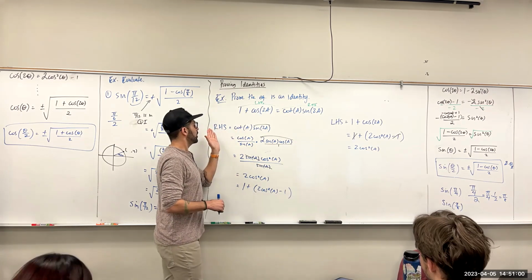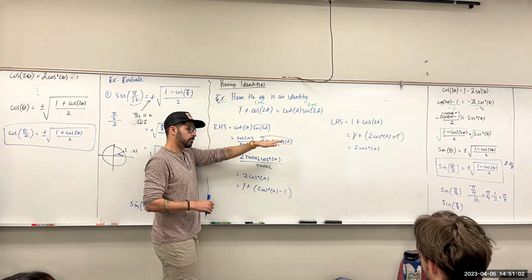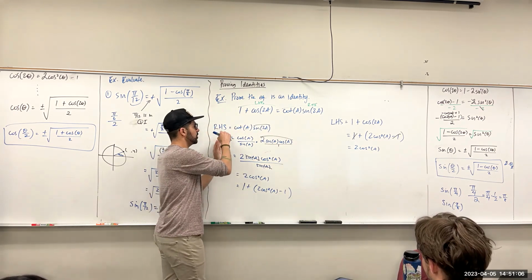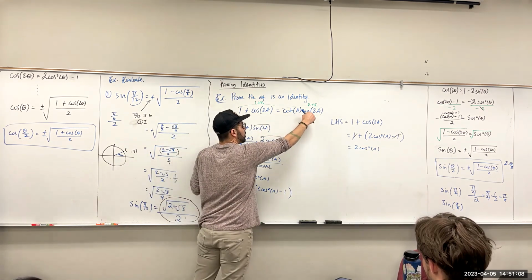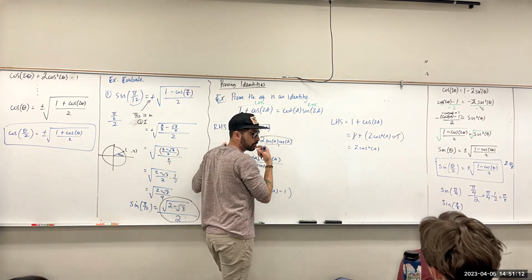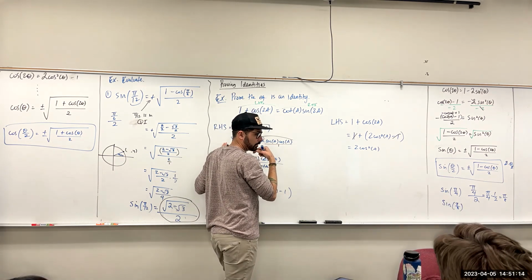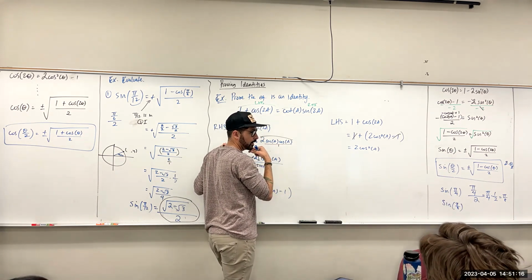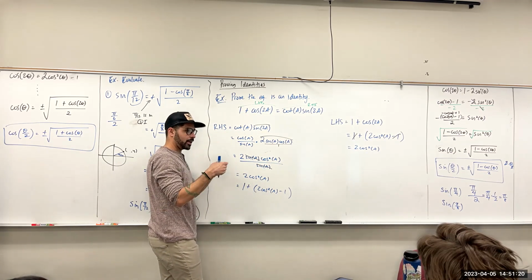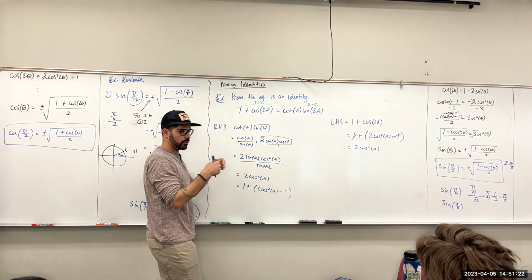In this case, we're trying to find this. You're still trying to show that one side equals the other side, through a process of steps. You're still trying to show that the right-hand side will eventually lead you to the left-hand side, or vice versa. Basically just proving that this is correct. So you would do the left-hand side to see if there's a way to connect, to see if you're on the right track.